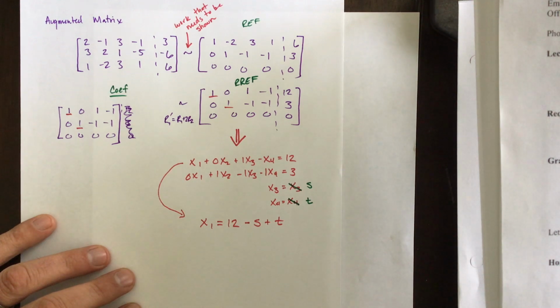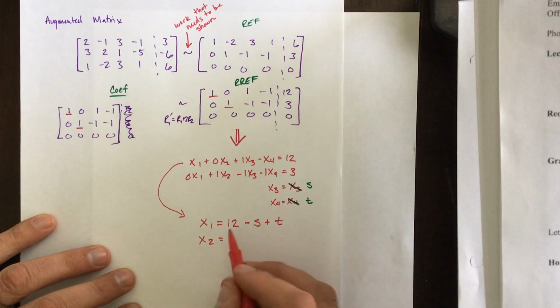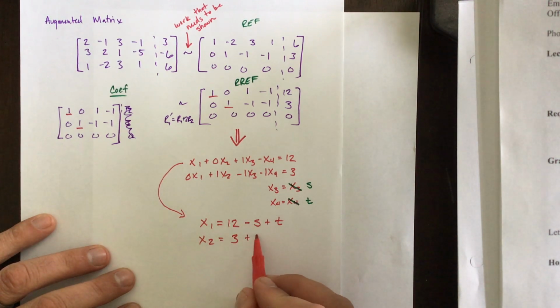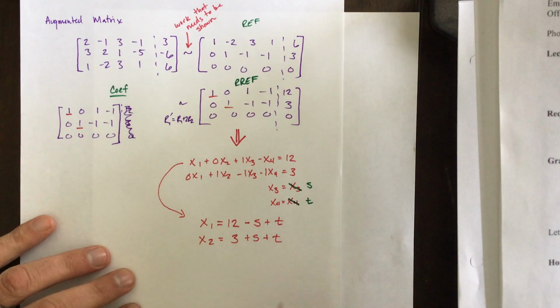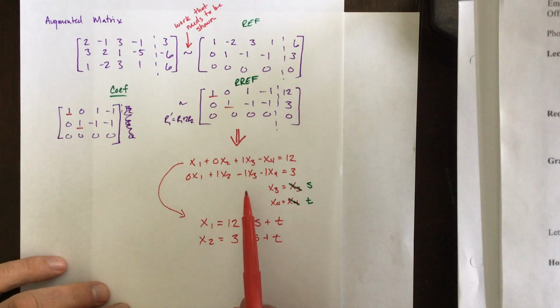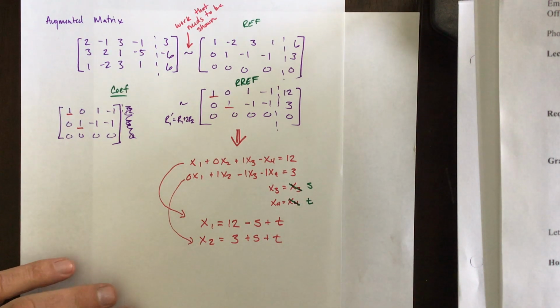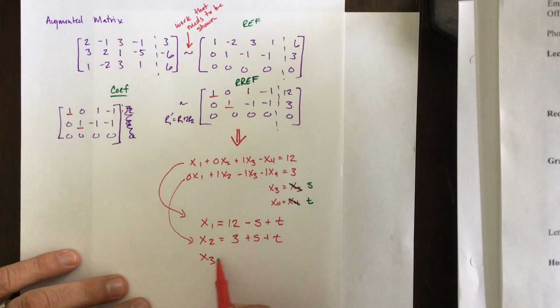You get x1 is 12 minus s plus t. x2 is going to be equal to 3 plus s plus t. Again, you're adding x3 and x4 to both sides. x3 is s, x4 is t.